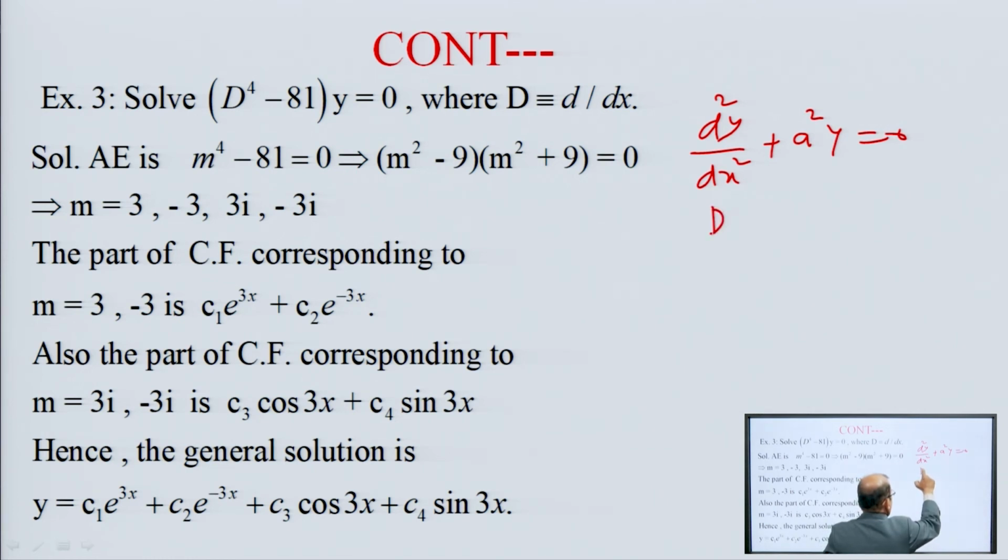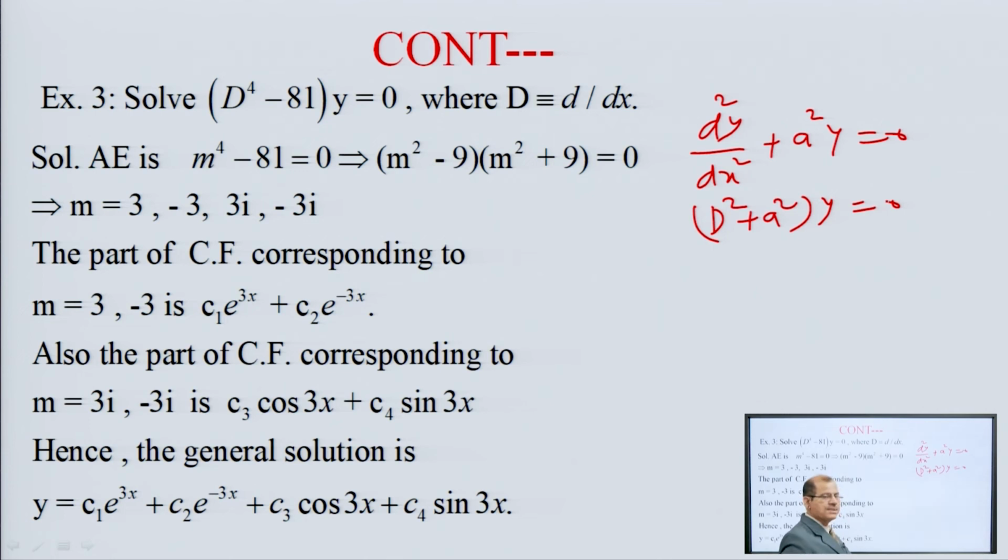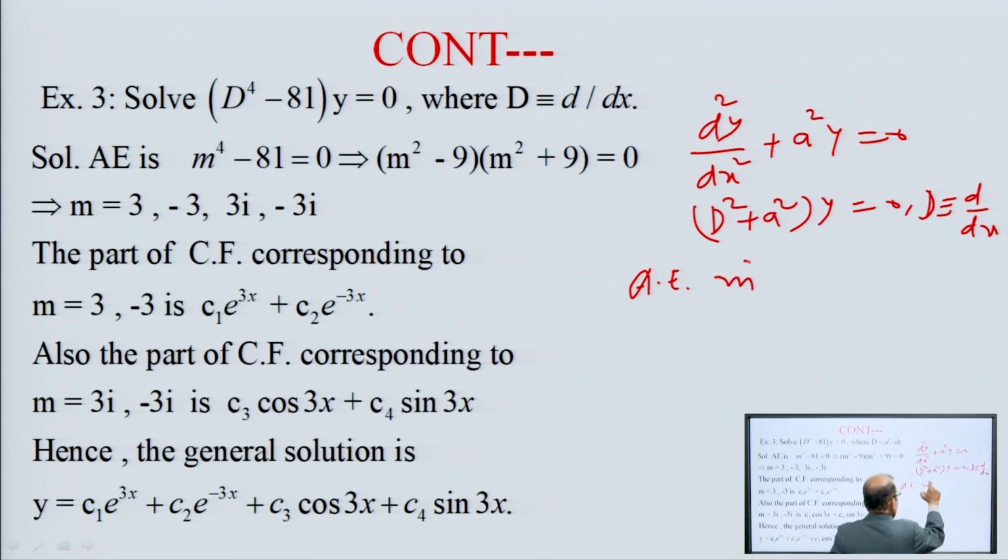First we have to convert the given equation into operator form, (D² plus a²)y equal to 0, where D stands for d/dx. The auxiliary equation is obtained by putting m for D, so m² is equal to minus a².